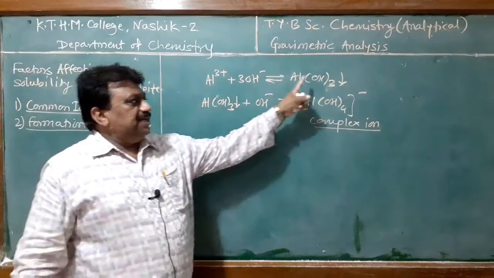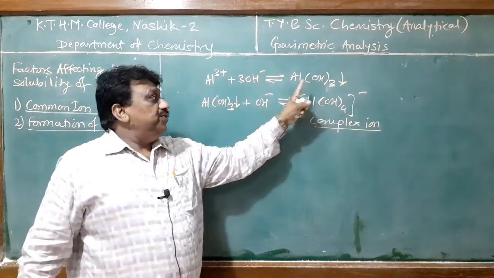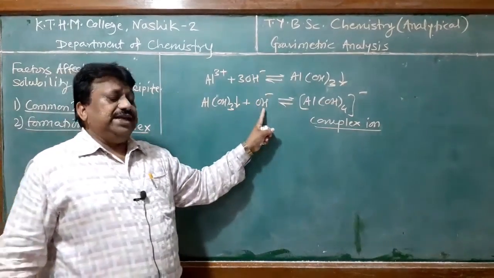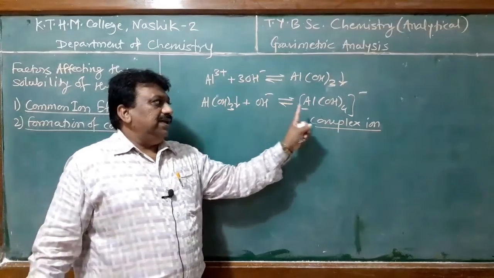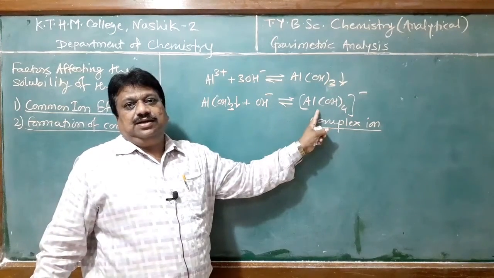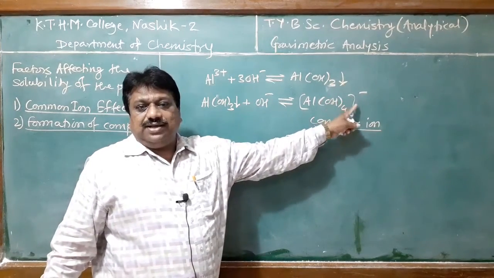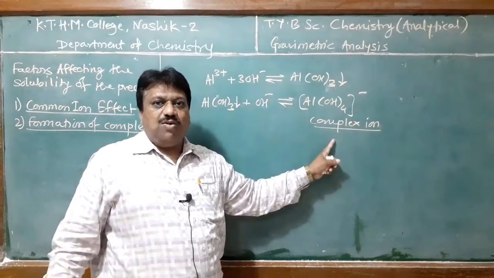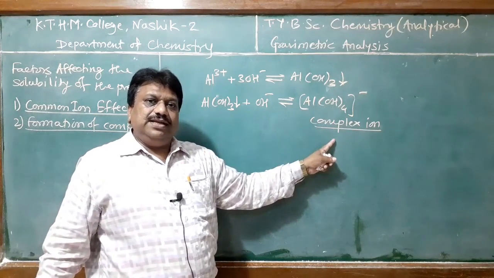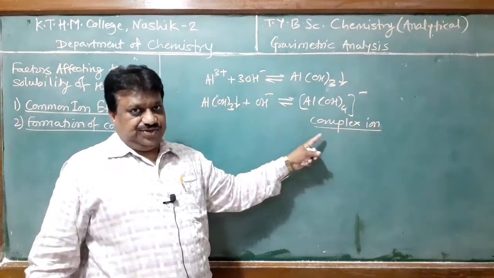Initially aluminum is precipitated, but when we use excess hydroxide ion, tetrahydroxoaluminate ion, a complex ion, is formed, and that is soluble.